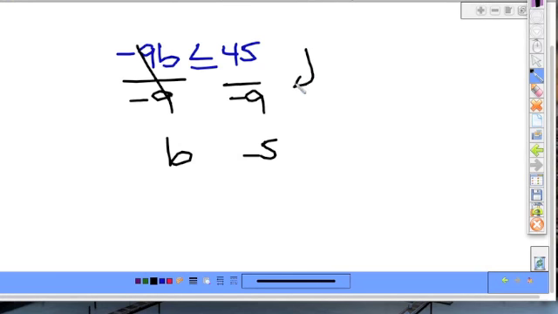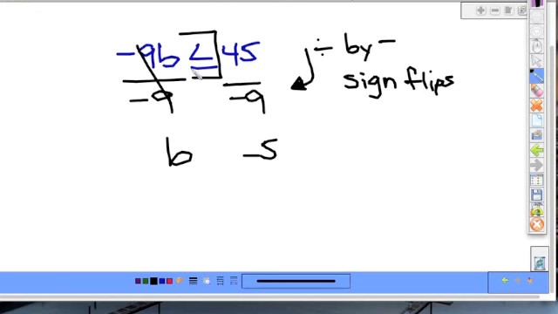When you are dividing by a negative, the sign flips. Okay? So you're going to change this symbol in the opposite direction. And that's how you do that.